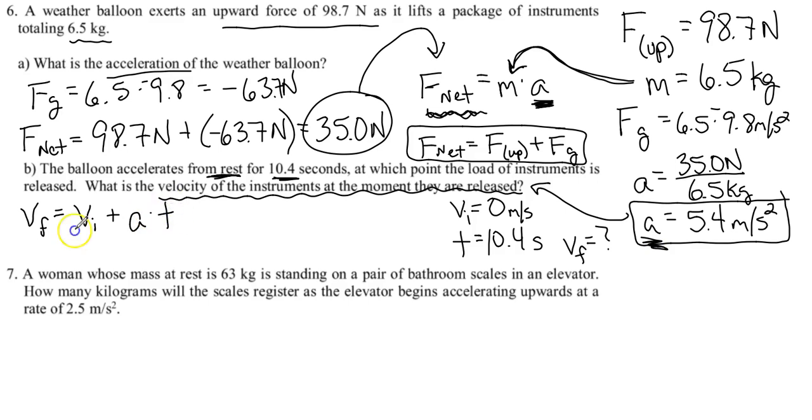Well, our initial velocity was 0, so my initial velocity goes away, and my final velocity is just equal to my acceleration, which is 5.4 meters per second squared, times my time, which is 10.4 seconds, giving me a final velocity of approximately 56 meters per second.